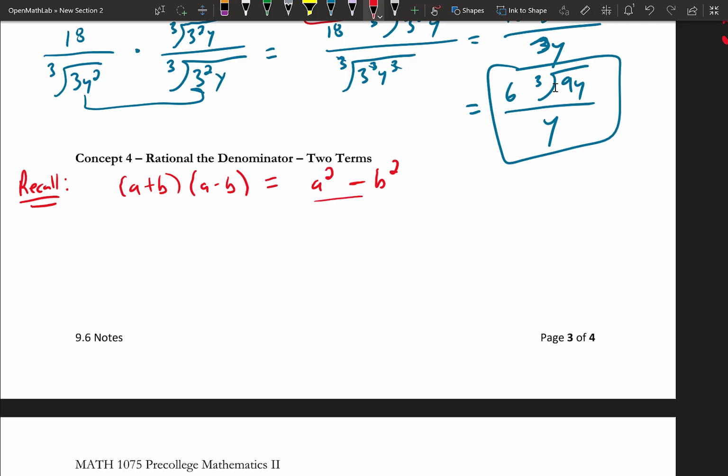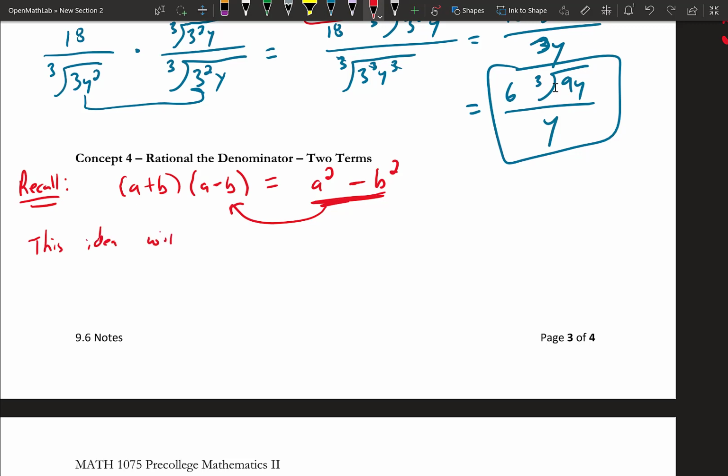If you recognize this pattern, it factors in this fashion. The nice thing is that no matter what a and b are, if they're square roots, then I'm going to be squaring them, right? So since a is squared and b is squared, this helps us get rid of square roots at least, right?